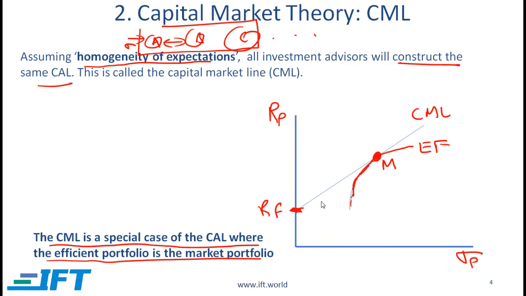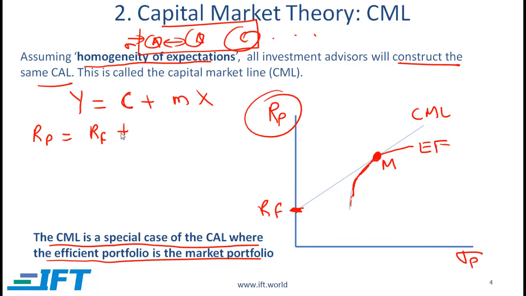What we now need to do is derive the equation for the capital market line, and we'll use this basic relationship which says that y is equal to the intercept plus the slope times x. In our illustration, the y is the expected return on the portfolio. This is equal to the intercept, which is the risk-free rate, plus m, which is the slope.